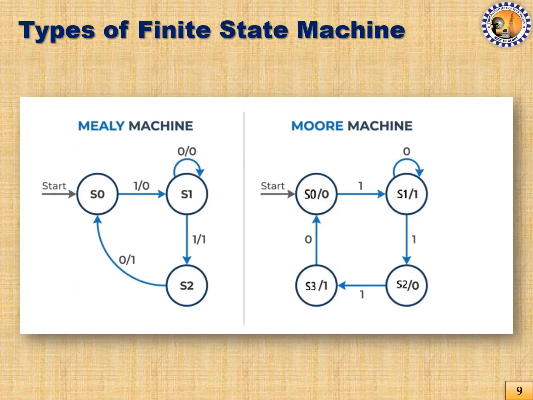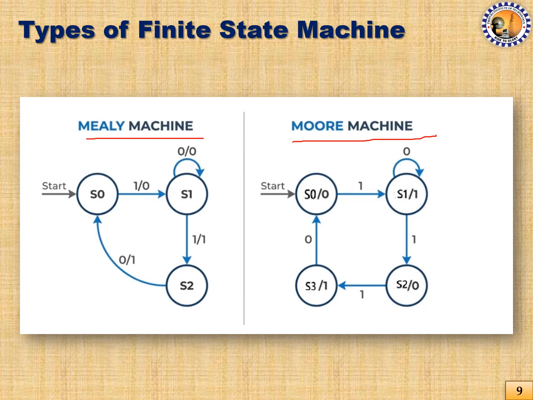This is the state diagram representation of the two finite state machines. The left side is the state diagram for the Mealy state machine, and the right side is the diagram for the Moore state machine. The principal difference between these two is that the states in the Mealy machine are represented by different symbols like S0, S1, S2, and here also it is the same, S0, S1, S2, S3.